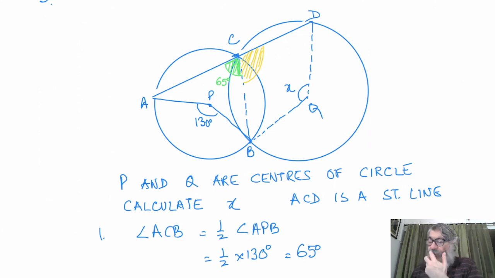So I would say that angle BCD will be 180 minus 65, that is 115 degrees. ACD is a straight line.